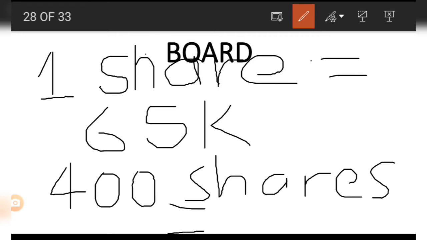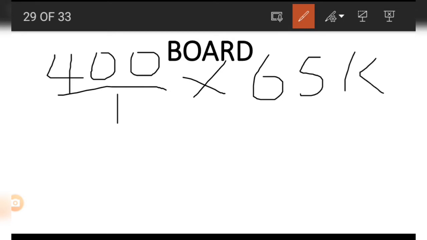Now, making use of direct proportion, we can go ahead to find the cost of 400 shares. That means we are going to get 400 shares over one share times 65 kobo.